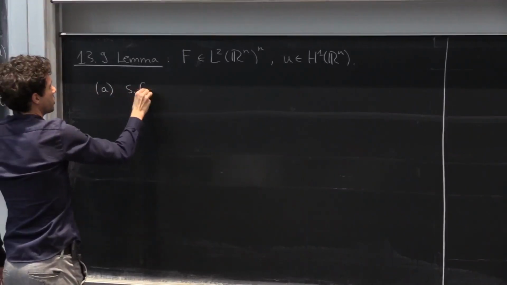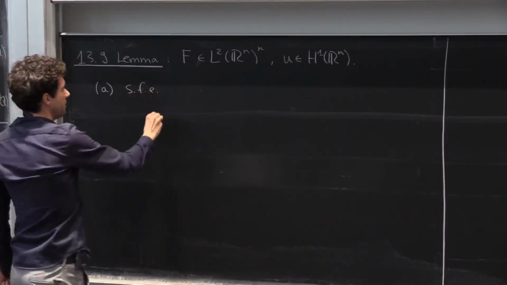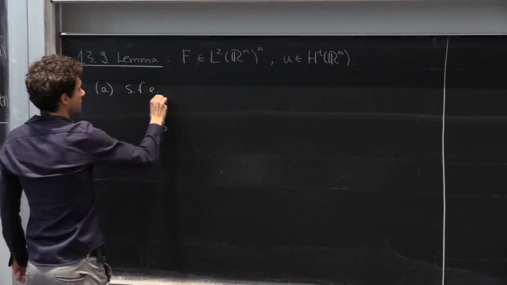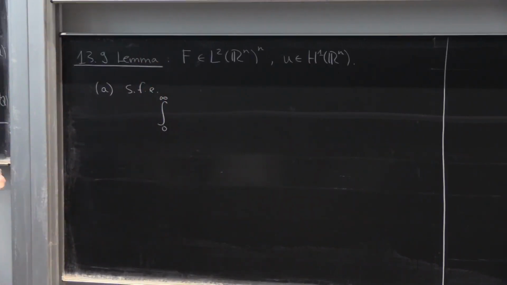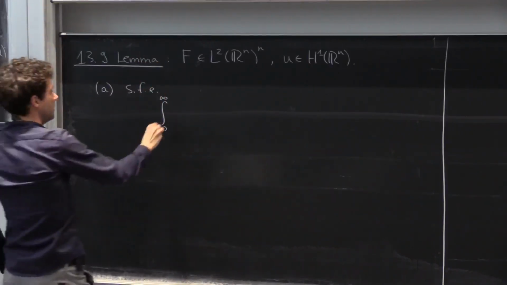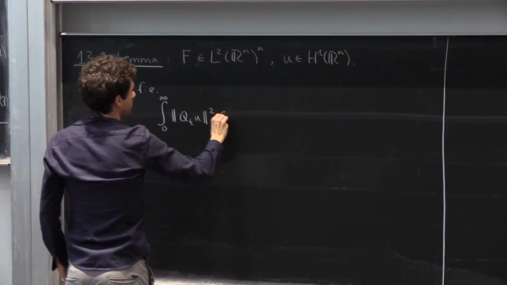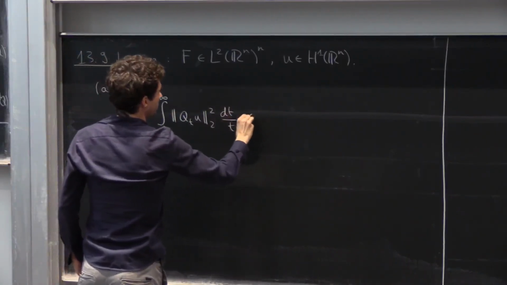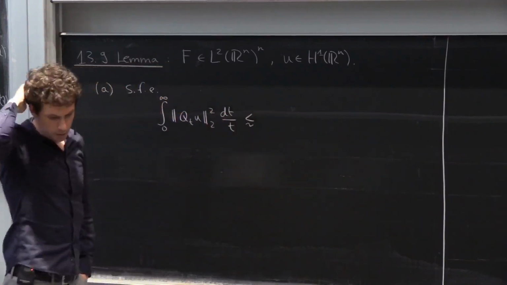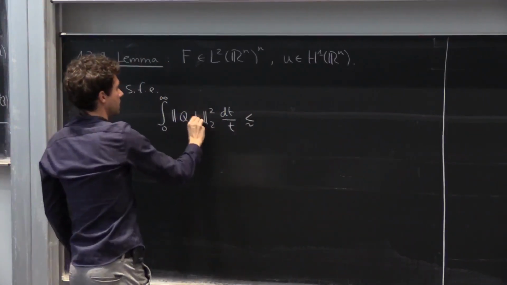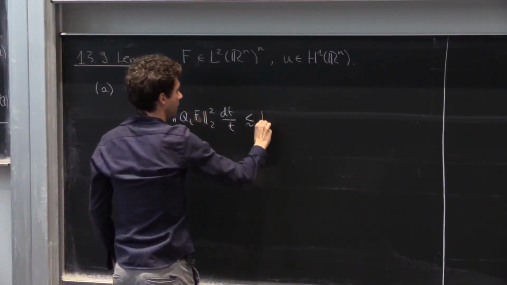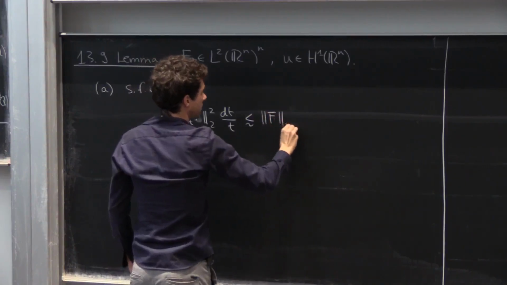There is a square function estimate. The square function estimate says that I can build a controlled square function out of Q of t. So the integral of norm Q of t u squared dt over t, this I can control, or by f, sorry. This I can control by f.